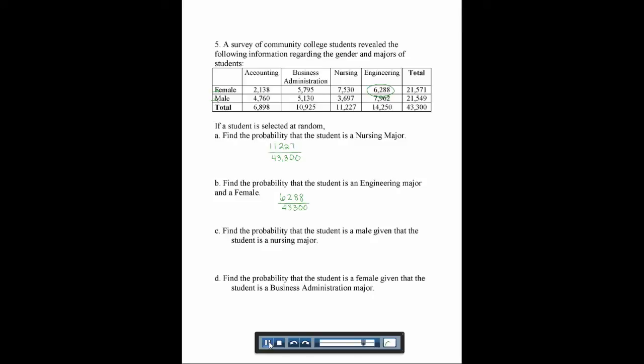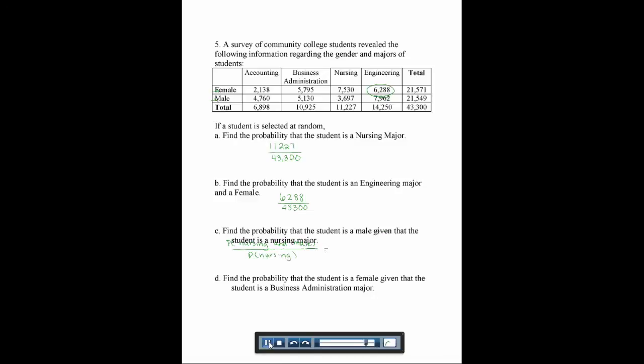Okay. The next problem says find the probability that the student is male given the student is a nursing major. So this given tells us that we're really only going to focus on the nursing major. So here, if we use our formula, we would want the probability of nursing and male divided by the probability of nursing.